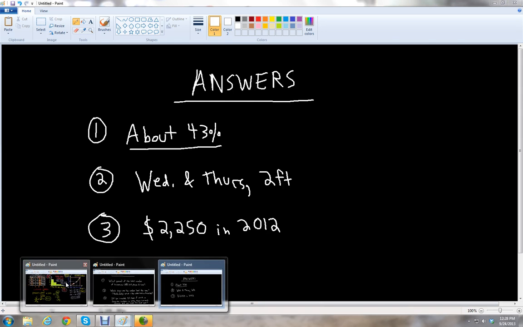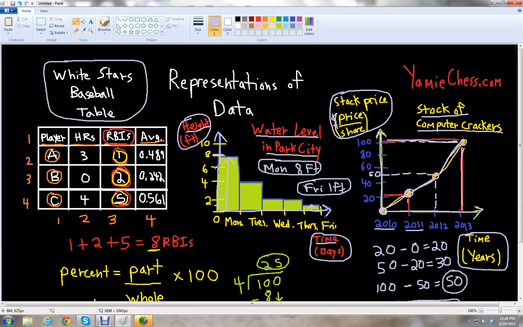If we go back to our table to look at player A, we see that he hits a total number of 3 home runs, and the total number of home runs hit by players A, B, C combined would be 3 plus 0 is 3 plus 4 is 7. So we need to do 3 out of 7 and then times that by 100.